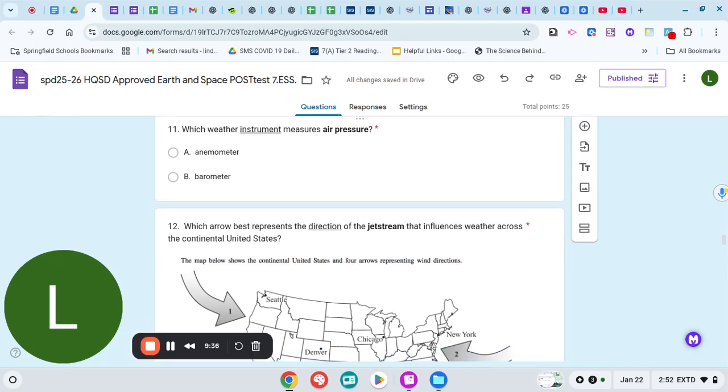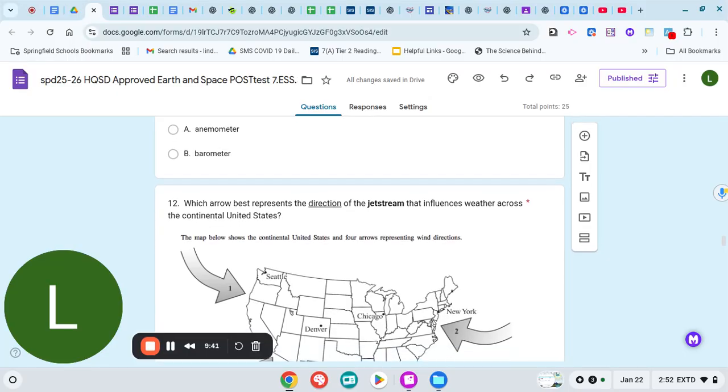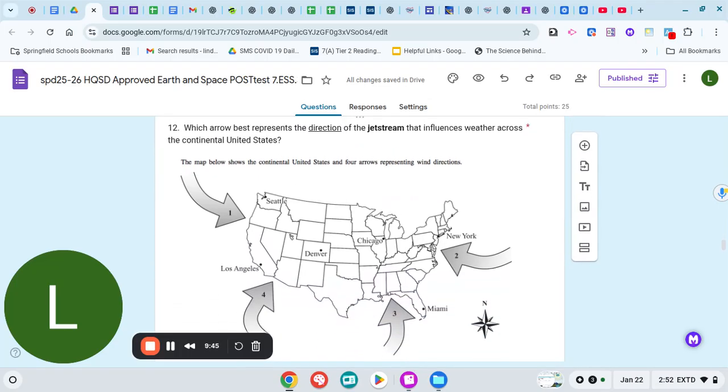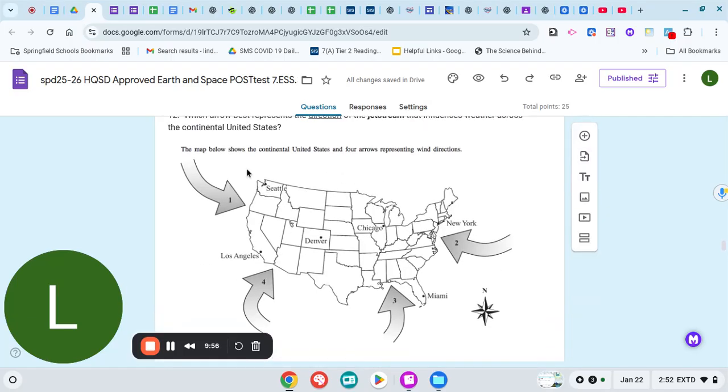Number 12, which arrow best represents the direction of the jet stream that influences weather across the continental United States? Your choices are just arrow 1 or arrow 2.